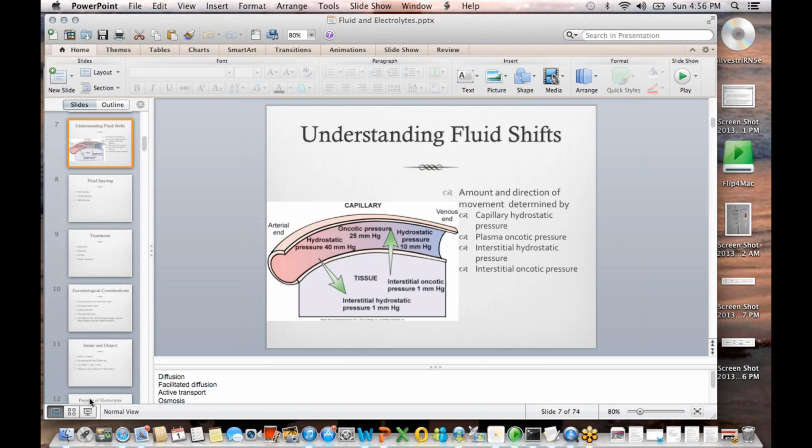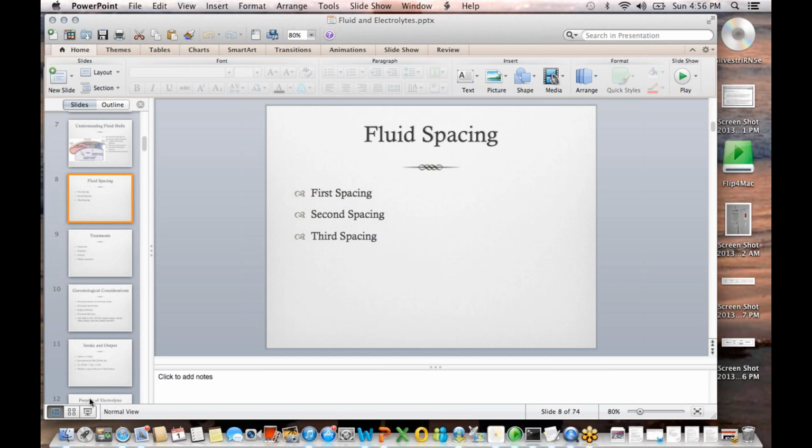So the first thing we talk about is fluid balance, understanding the different shifts in fluid, hydrostatic pressure, and stuff like that. For our electrolytes specifically, fluids follow sodium. This one normally talks about the fluid spacing, first, second, and third, which we talked about in class.